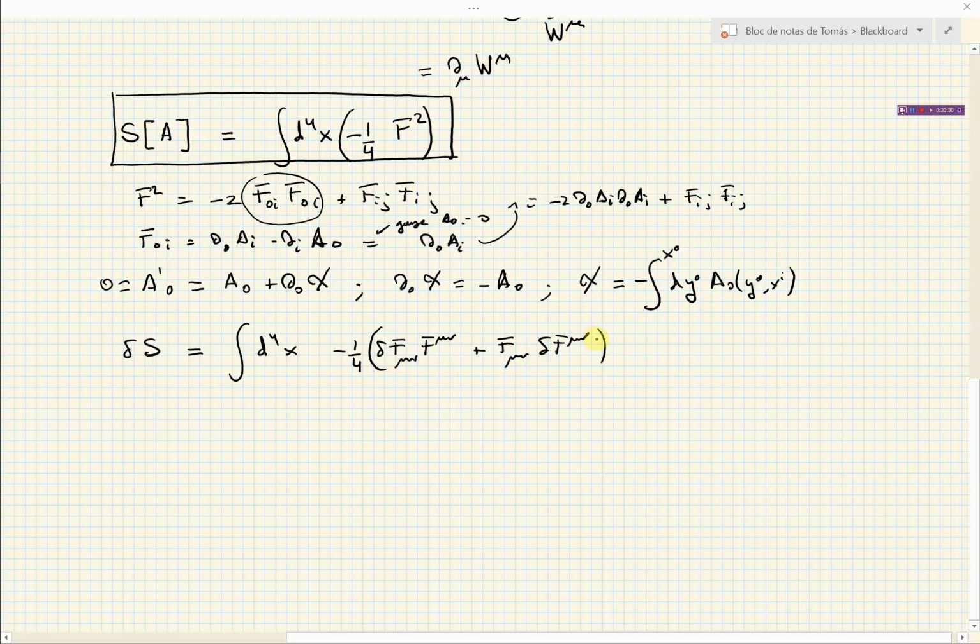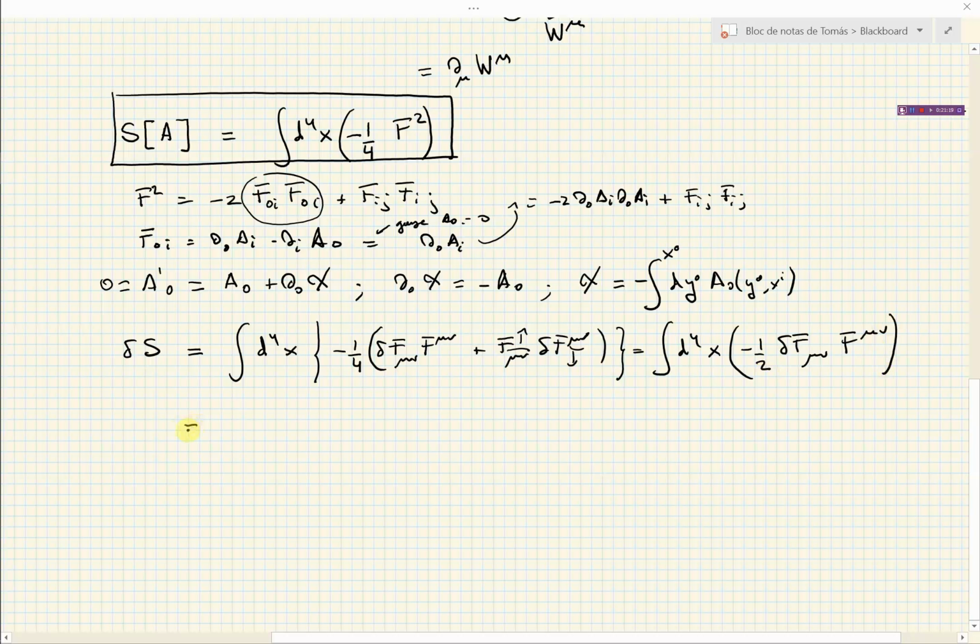This means that if I raise these two indices and lower these two indices, I get exactly the same, or vice versa. Then I get a factor of 2, the integral d^4x, the factor minus 1/2, and then I use delta f_{mu nu}.